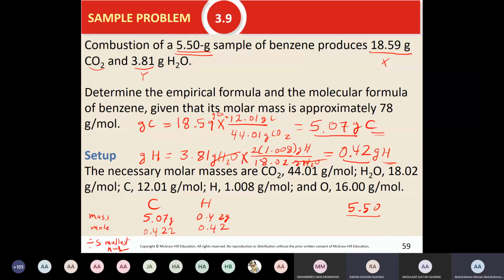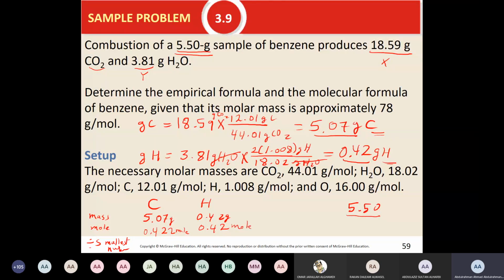How do we change it to moles, doctor? Divide by molar mass from the periodic table. Keep the periodic table with you and divide 5.07 by the mass of carbon, which is 12.01. And this will give you the number of mole. And divide 0.42 by 1.008, which is the mass of hydrogen from the periodic table, and this will give you the mole.